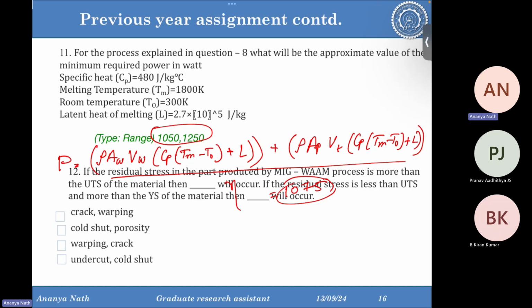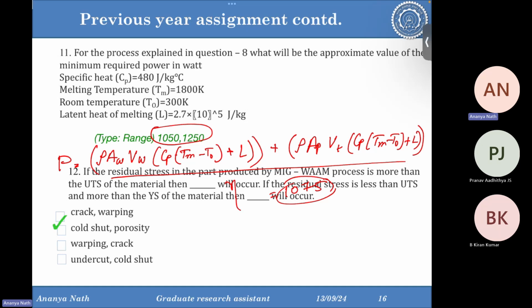What should be the answer? Undercut or cold shut, cold shut.